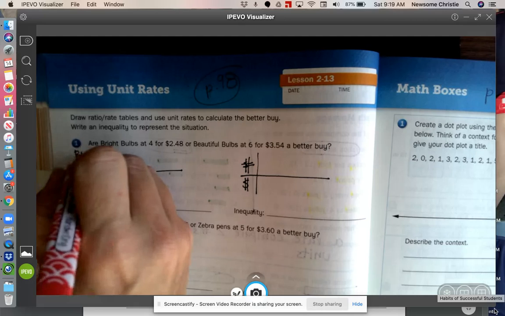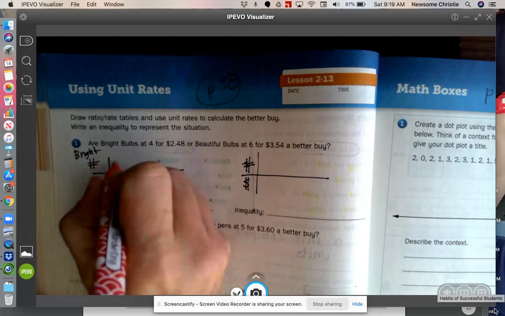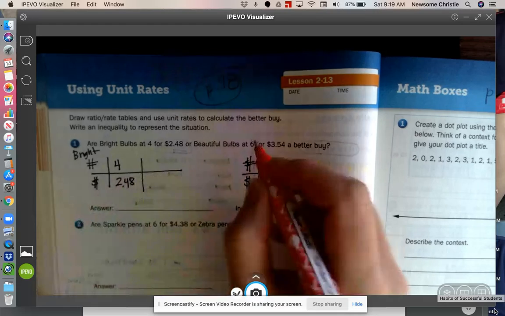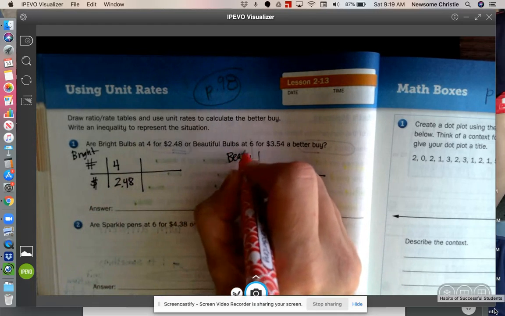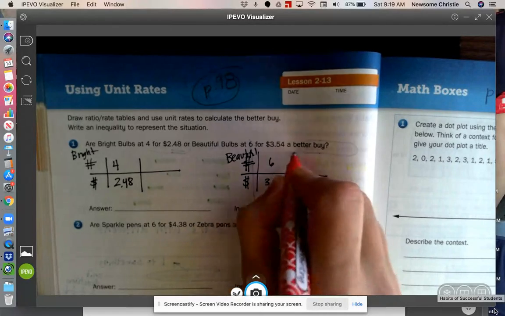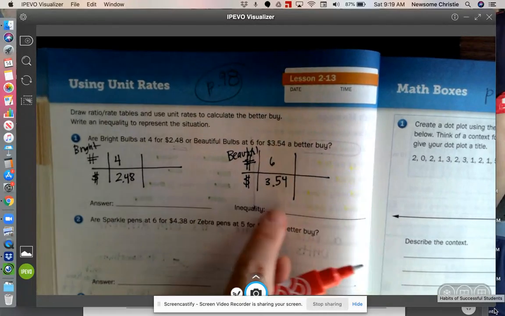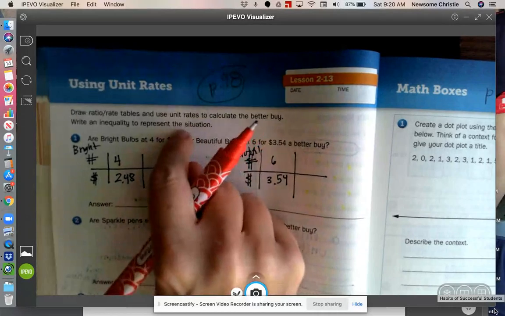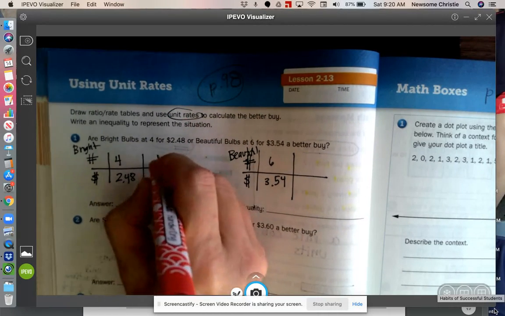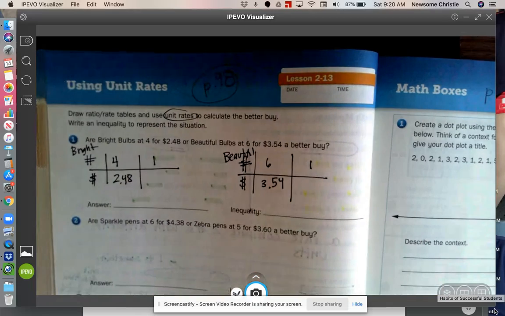So this one's going to be bright bulbs, and it is 4 bulbs for $2.48. This one's beautiful bulbs, 6 for $3.54. So neither one of these are the unit rate. And that's what it's giving us a hint at what we need to do. We need to find out how much one bulb would cost at each of these stores.